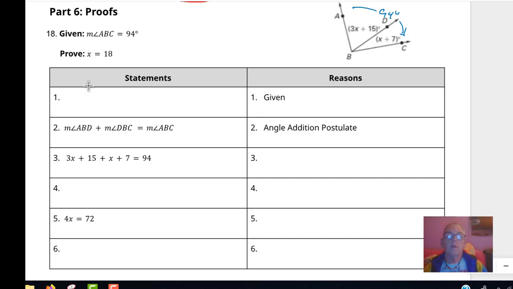So our given is that the measure of ABC is 94. Then they're showing us that ABD plus DBC equals ABC. That's the angle addition postulate. Then we're substituting in 3x plus 15 for ABD and x plus 7 for DBC, and then 94 for ABC. So this is substitution property of equality.